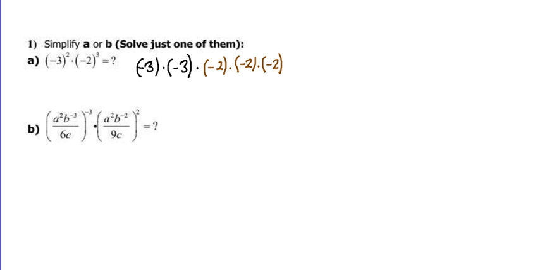So if we perform these operations, first two terms make 9 and last three terms make negative 8, which is negative 72.